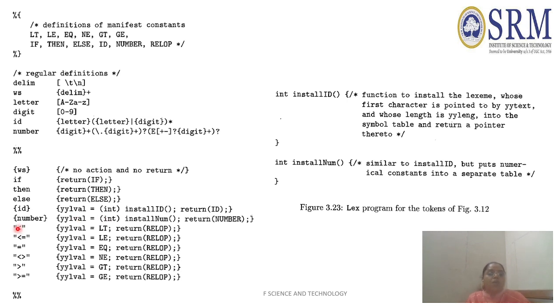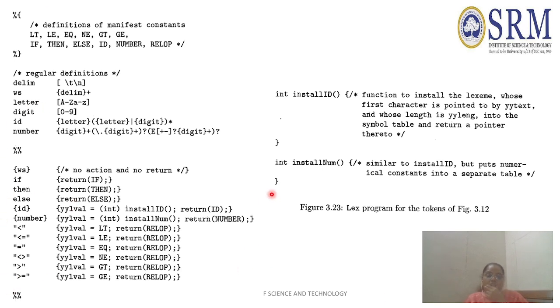Now what about less than, less than or equal to, not equal to, greater than, greater than or equal to? If it finds the less than symbol, then the relational operator token will be returned, and the integer value for that relational operator will be stored in yylval. Similarly for the others.